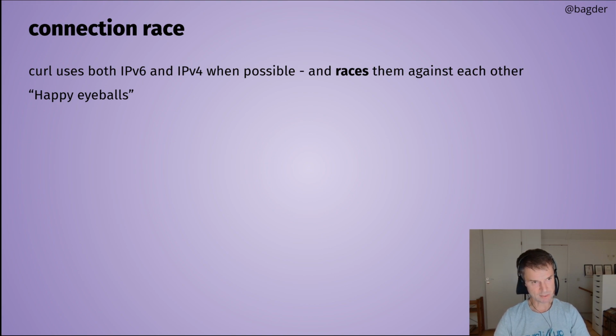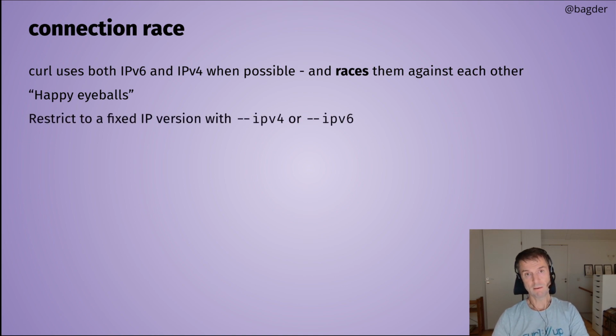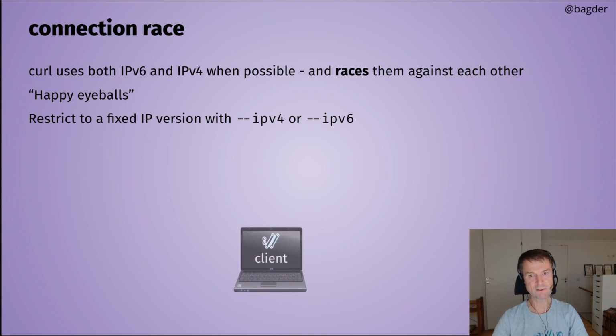It's an algorithm. It's actually said to be the correct way to connect to servers using multiple IP families, IPv6 and IPv4. You can avoid this by saying, I want to use IPv4, or I want to use IPv6. If you have a particular reason to restrict yourself or curl to that, you can do that.